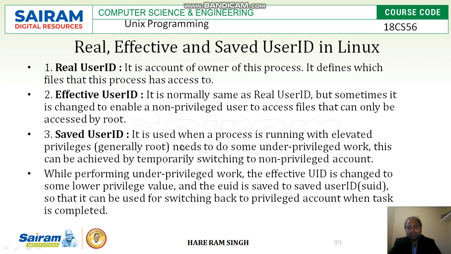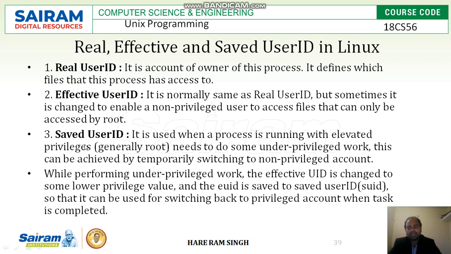Next, the saved user ID is used when a process is running with elevated privileges. Generally, root needs to do some underprivileged work, and this can be achieved by temporarily switching to a non-privileged account. Sometimes a user has high privilege and has to do some work which can be done with lower privilege.